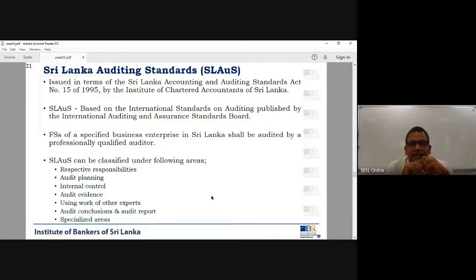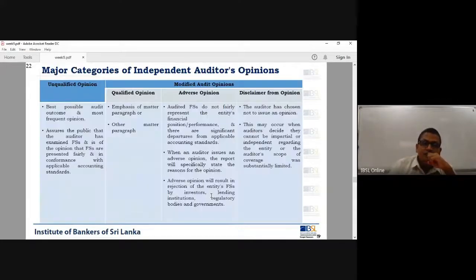The next one: Sri Lankan auditing standards can be classified under the following areas: respective responsibilities, audit planning, internal control, audit evidence, using the work of other experts, audit conclusions and audit report, and specialization. We will discuss these subsequently. So these are the things related to the Sri Lankan auditing standards.